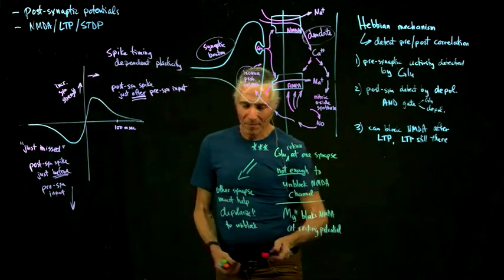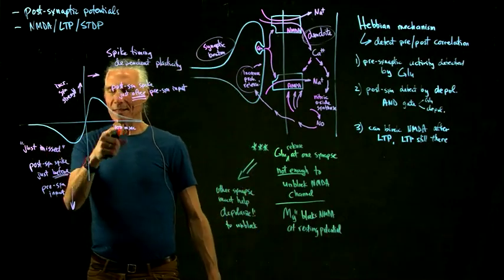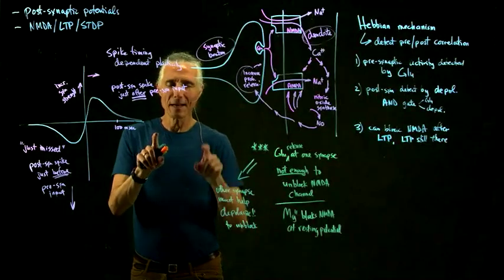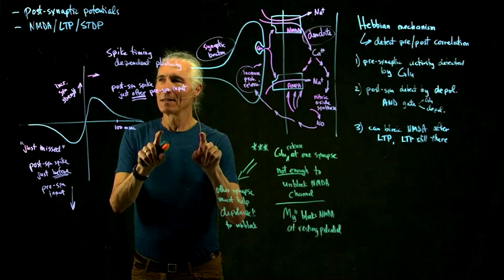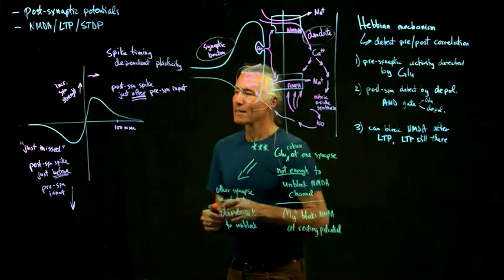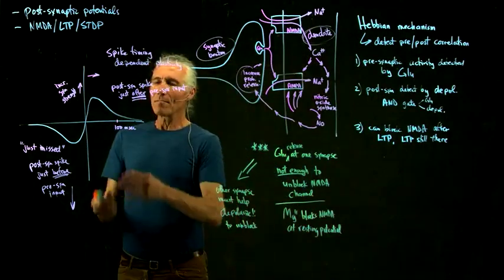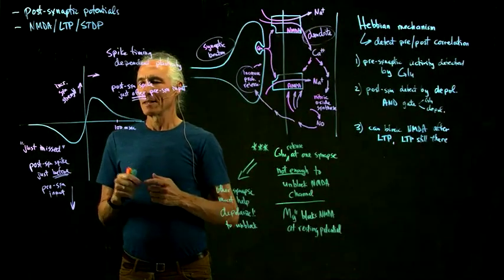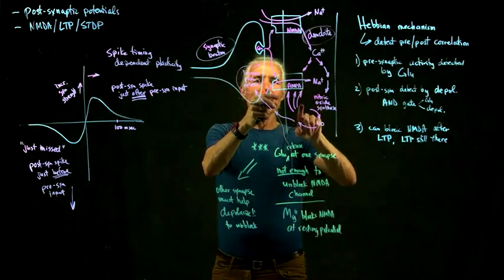And if you're off by like 100 milliseconds, nothing happens. If a spike comes in anywhere more than a 100 millisecond gap, nothing happens. It only has an effect if a spike comes in and then immediately afterwards this guy spikes.